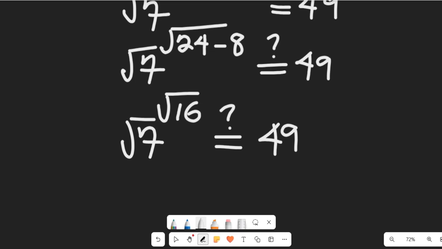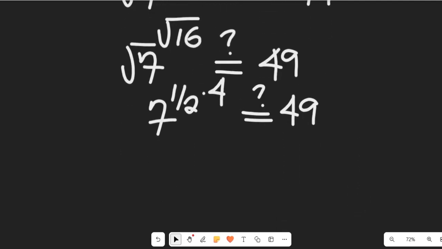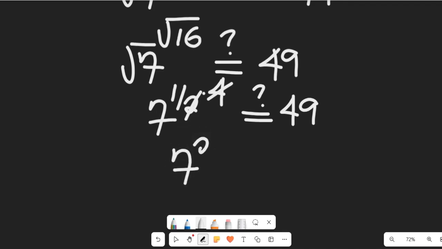The square root of 16 is 4, so we'll have 7 to the power of 1 divided by 2, according to the law of indices, multiplying 4. Will it give us 49? From here, you'll see that 2 will cancel out 4 to give us 2, and then we'll have 7 to the power of 2.